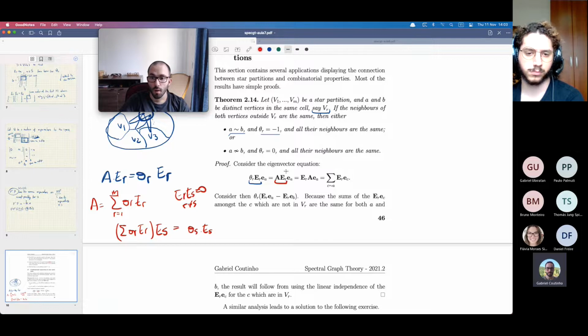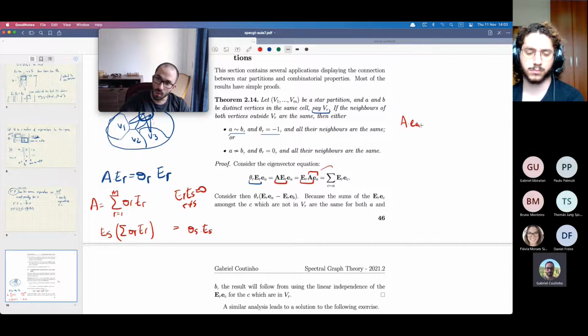And now, also, if I multiply from the other side, the same thing is true, of course. If I multiply theta s from this side, nothing changes. So I still get that A times E sub r is E sub r times A. But now I'm using this thing here.